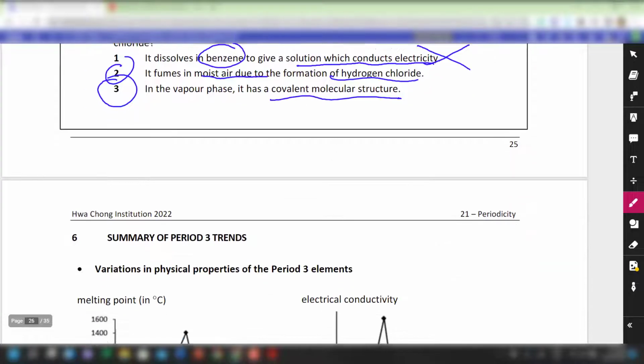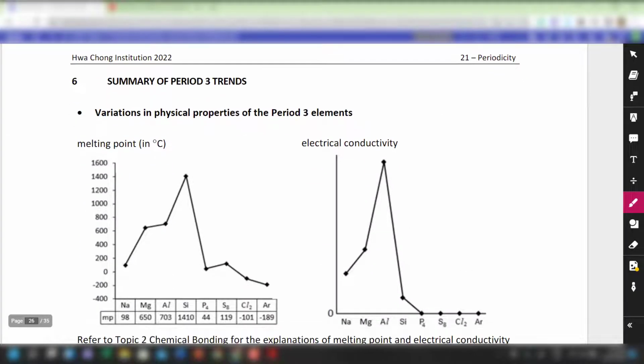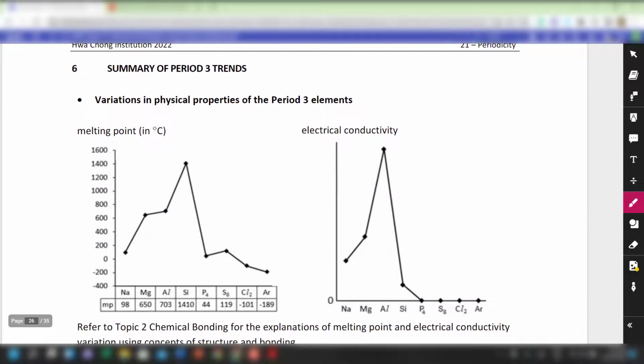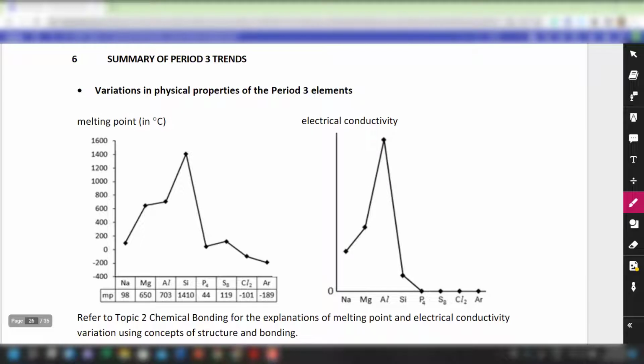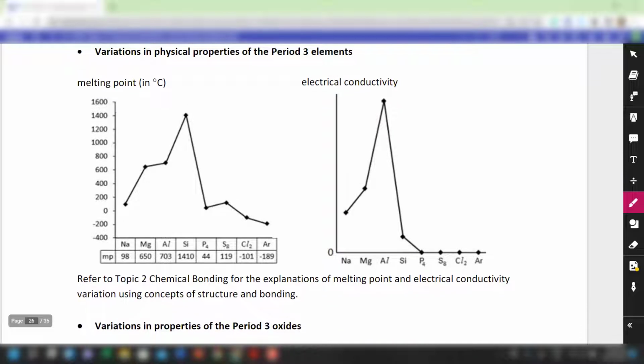With that, I'm going to move on to section 6. Section 6 gives you a summary of the trends in period 3 elements. You have seen them before under the topic on chemical bonding. The first graph shows the variation in melting point.